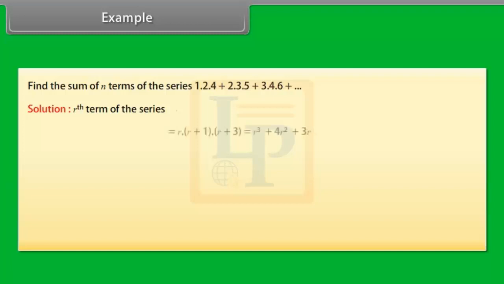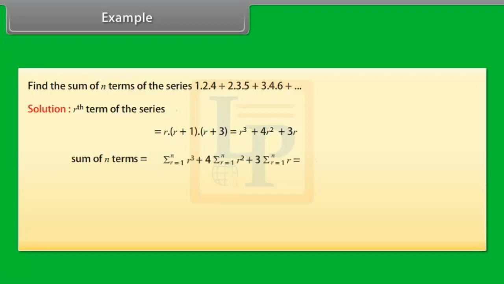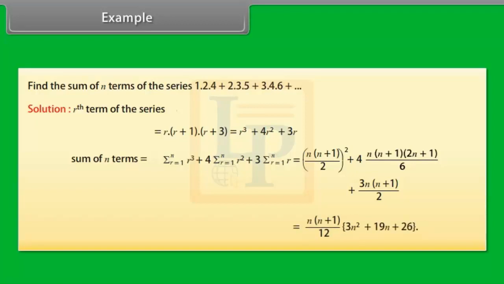The rth term of the series is equal to... Sum of n terms is equal to summation from r equals 1 to n of r cube plus 4 times summation from r equals 1 to n of r square plus 3 times summation from r equals 1 to n of r, which is equal to, on solving, we get n into n plus 1 by 12 multiplied by 3n square plus 19n plus 26.